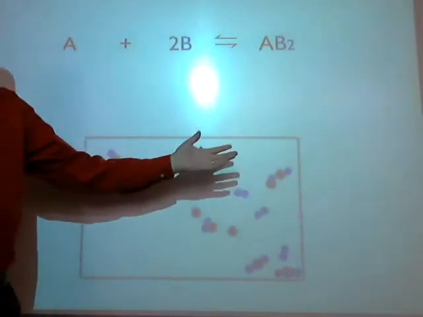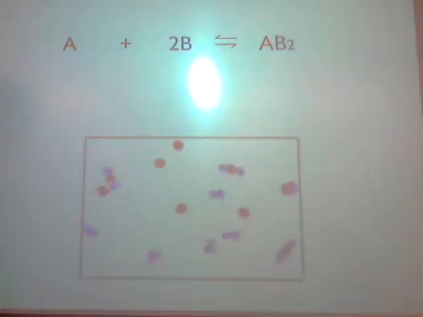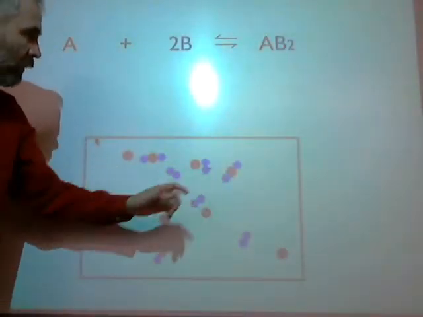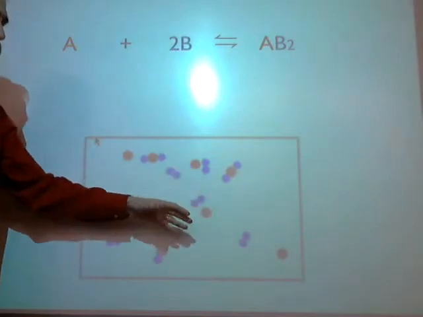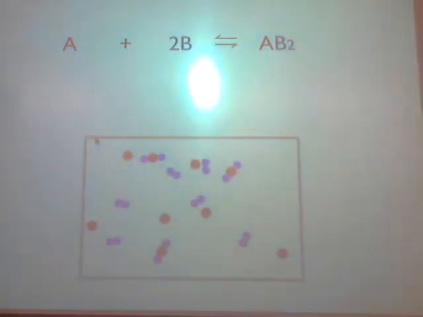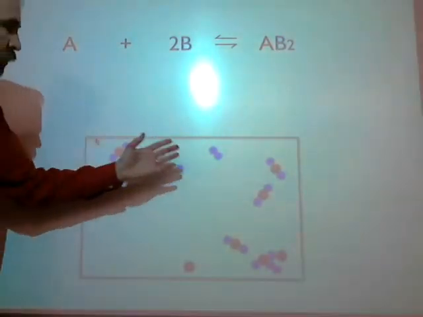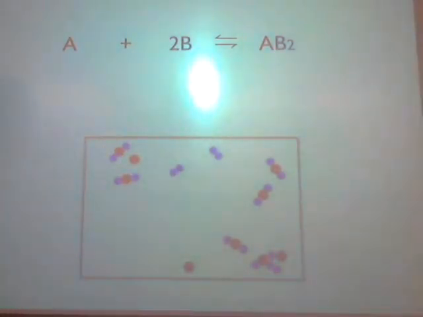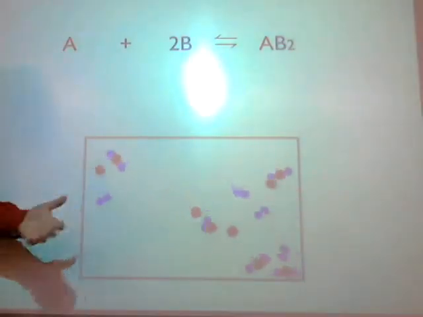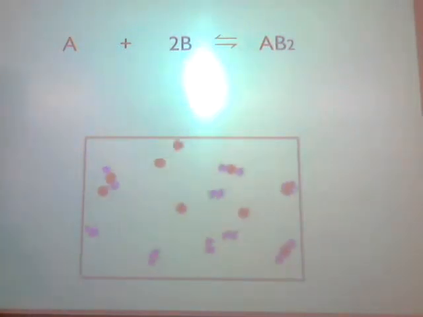Same guy, they come together, they break apart. If I stop this at any given point, I've got some guys who are together and some guys who are just breaking apart or who are just broke apart. If I let it go a little longer and stop at some other point, I've got guys who are together and guys who are broken apart. And it's happening all the time as these guys mix together.